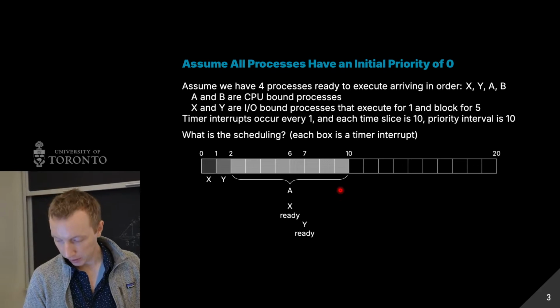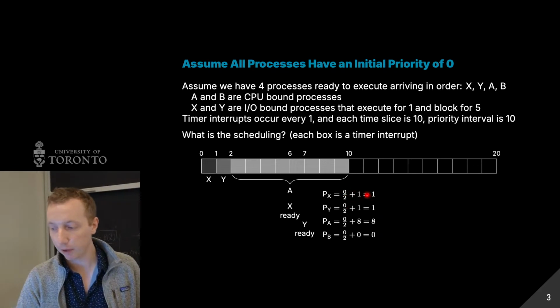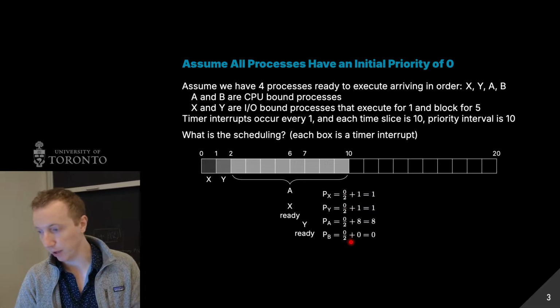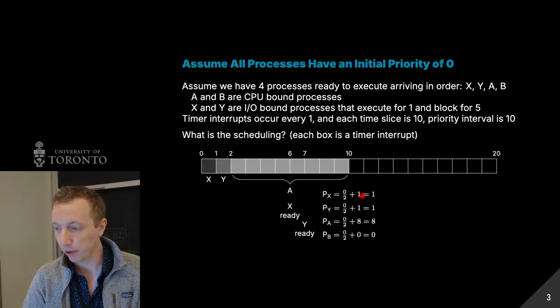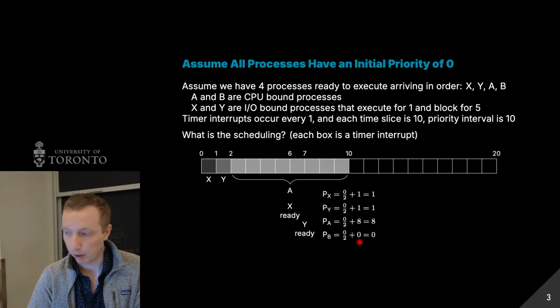So here, Y is ready, doesn't matter, and we recalculate the priorities for every single process. So everything started initially at 0, so 0 divided by 2 is 0, and then we just add however long they ran for in those 10 time units. So X1, Y1, A8, and of course B ran for nothing.